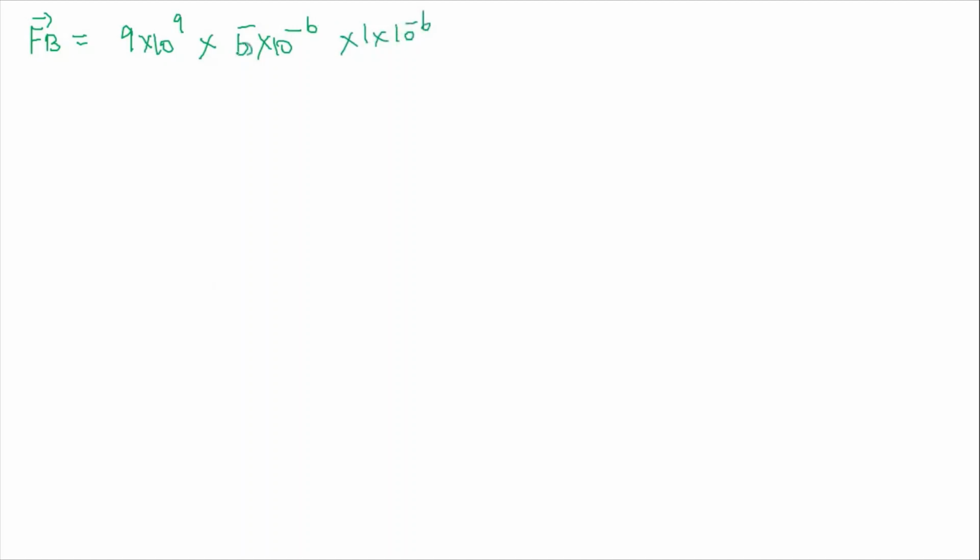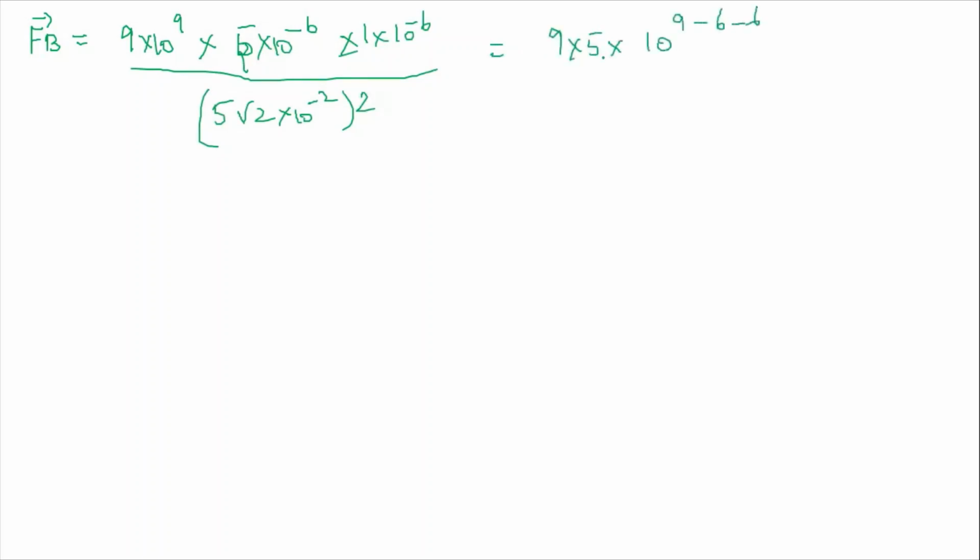And again we are writing the direction separately, so no need to take the sign. Distance will be the same because it is a square: 5 root 2 into 10 power minus 2 the whole square. So you will get 9 into 5 into 10 power 9 minus 6 divided by 5 root 2, I already told you, 50 into 10 power minus 4.